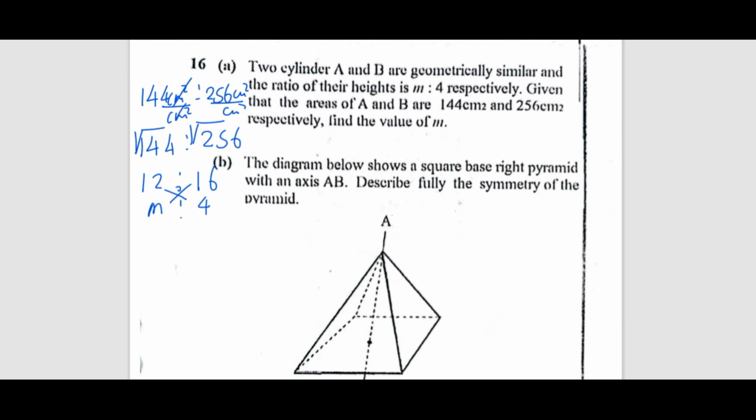We'll cross multiply, so 16 times m is 16m, is equal to 12 times 4 over 16. So m is equal to, 4 here is 1, 4 here is 4. 4 into 12 we have 3. So this is the ratio, it is 3.